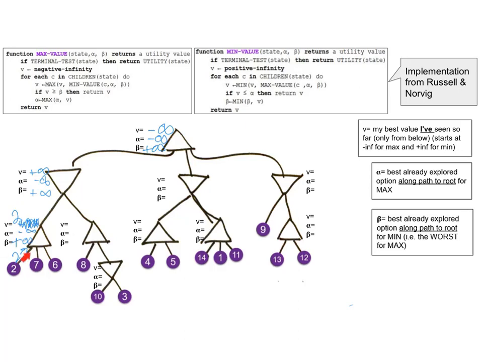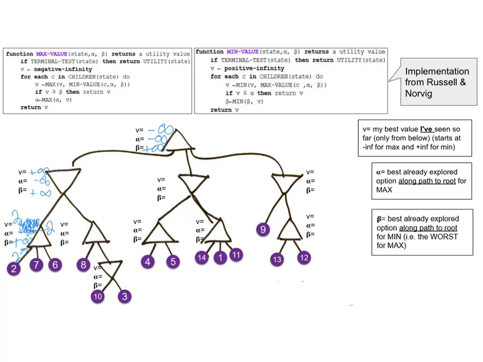Again, this is just trying to give you an intuition of what these numbers mean. So it's not greater than beta. Now alpha gets the maximum of alpha and v. Alpha is negative infinity, v is 2, so alpha now is 2.